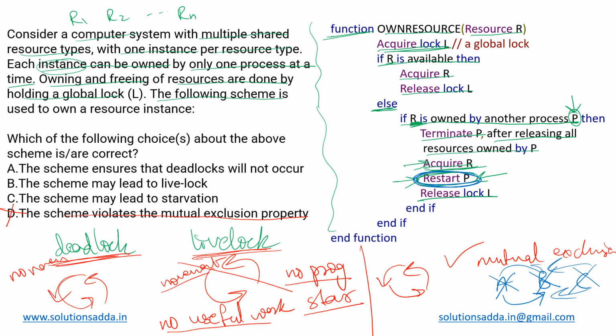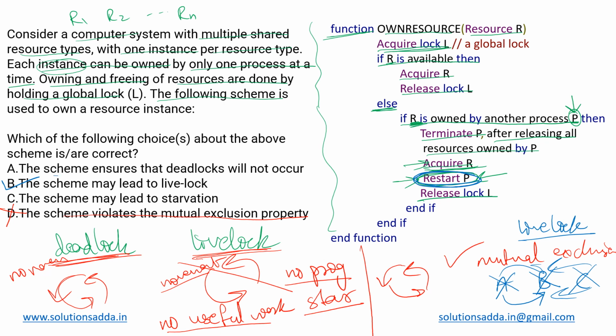So there is some useless work being done over here. This is what we call a live lock instead of a deadlock, because they are not infinitely stuck. They are free to kill each other and try to execute, which they will possibly not be able to do. So in this scenario, there is a live lock, not a deadlock.